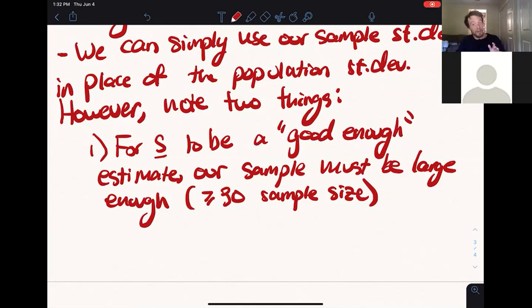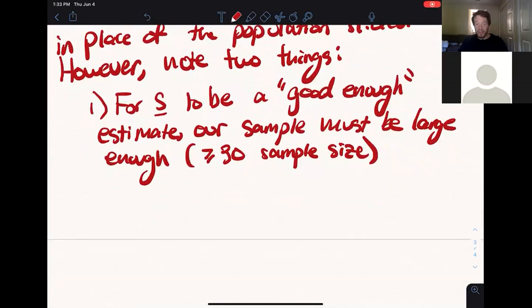Well, if that happens, and you don't have the population standard deviation, hold up, because you do actually need a large enough sample so that you can make this substitution. Of course, if you're using the central limit theorem anyway, it's sort of a moot point. Go ahead and plug it in, because there's sort of an overlap of assumptions here.